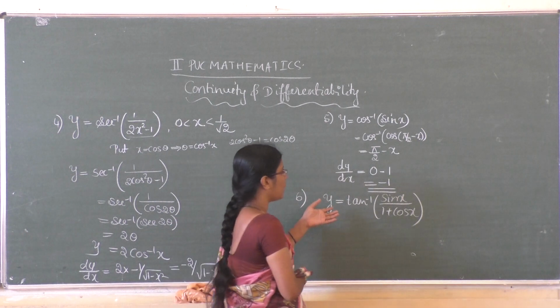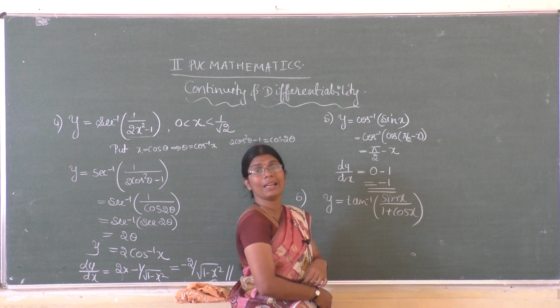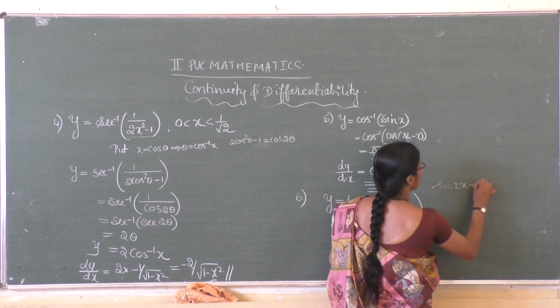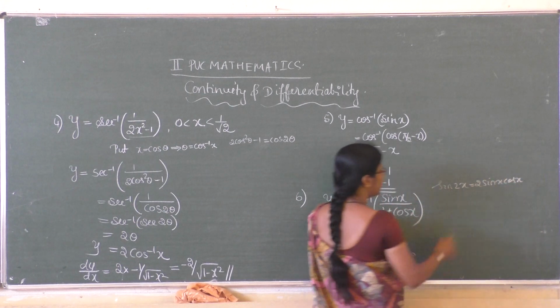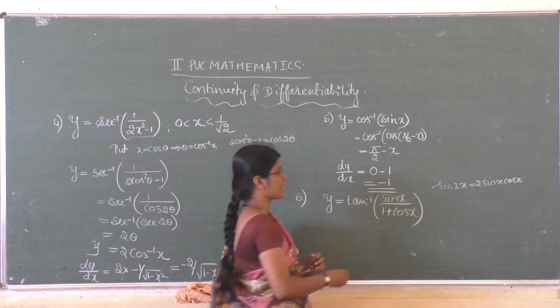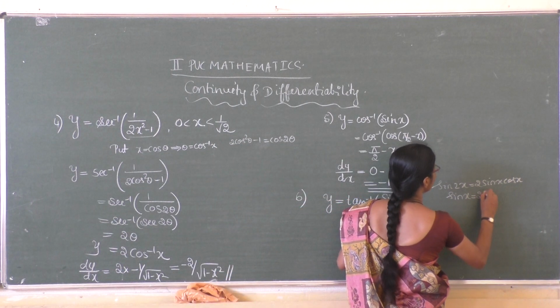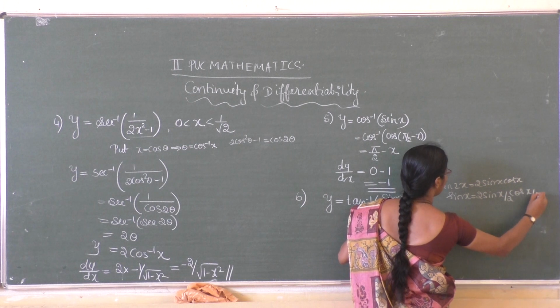Once again we recall the submultiple angle formula. Suppose you have sin 2x, that is 2 sin x into cos x, correct? Sin 2x is 2 sin x cos x. So sin x is 2 sin x by 2 into cos x by 2.